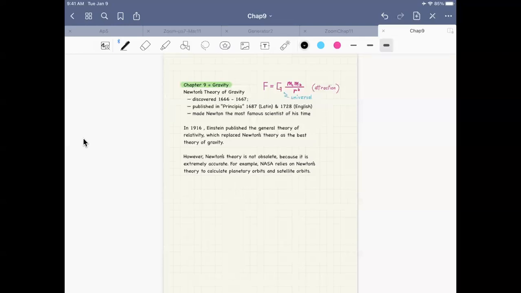But it wasn't until Newton that it was explained why they move the way they do. The important formula that Newton devised, called Newton's law of gravity, or Newton's theory of universal gravitation, is described by this equation.